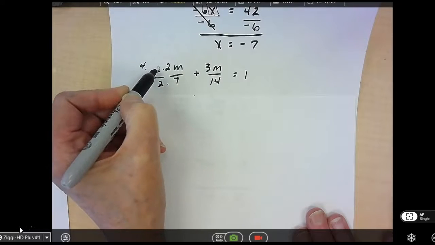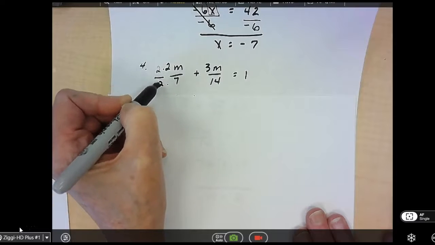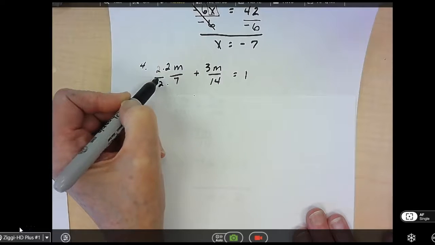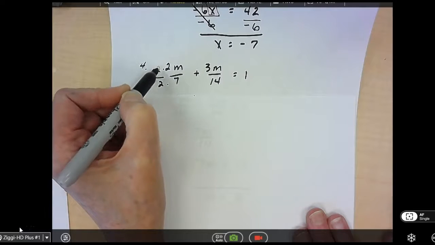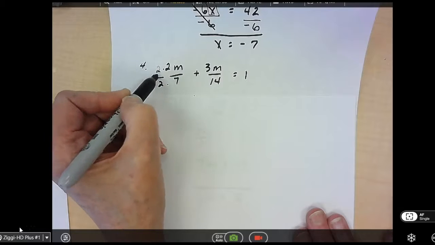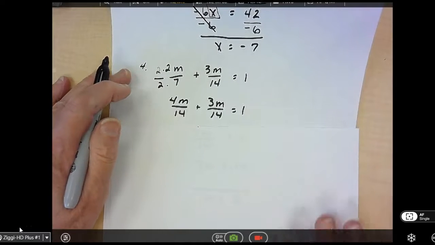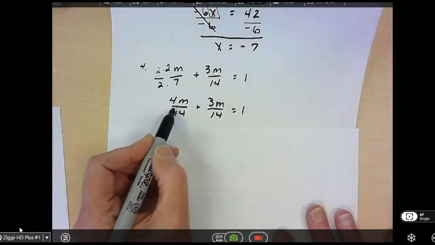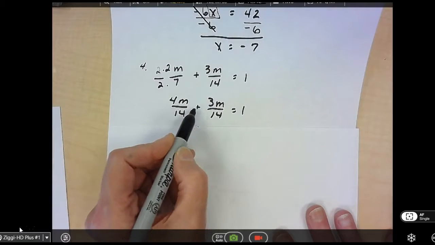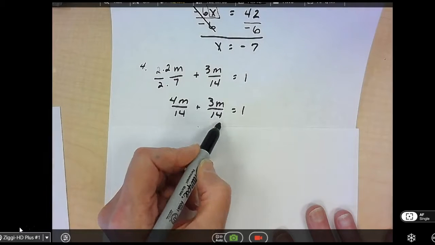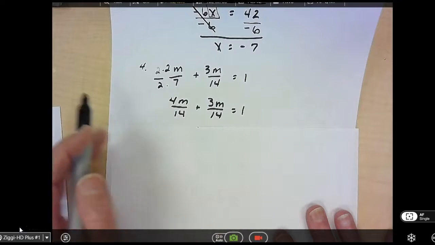So with a fraction, we always want to multiply by 1. The same number over itself is 1. So 2 times 2m would be 4m over 14. So I now get 4m divided by 14, plus 3m divided by 14 equals 1.